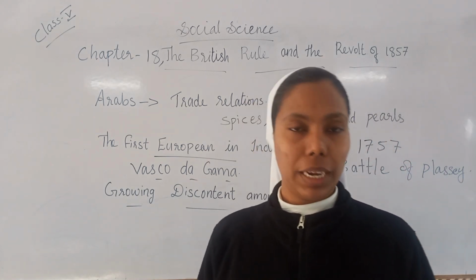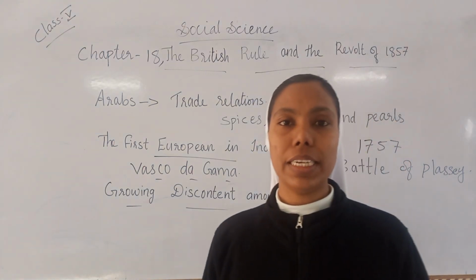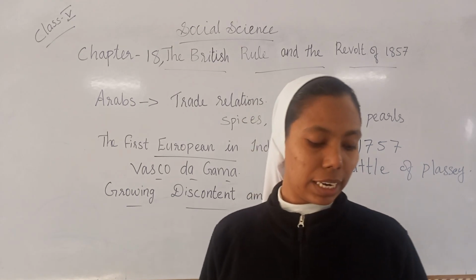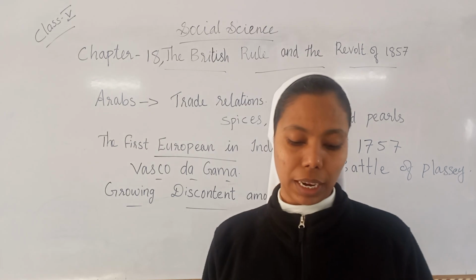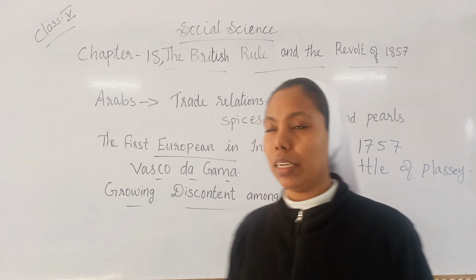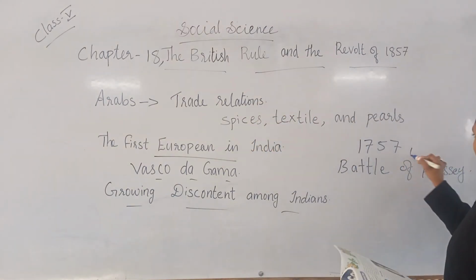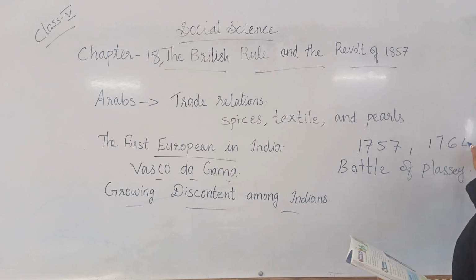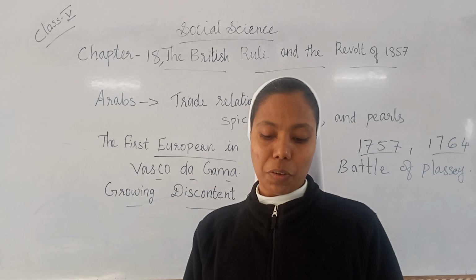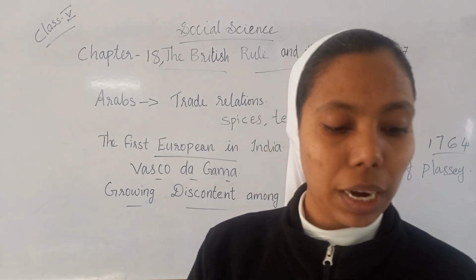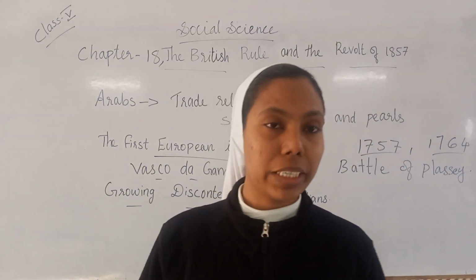In 1764 the East India Company started another war against the combined armies of the Nawab of Bengal, the Nawab of Oudh and the Mughal Emperor, and it is known as the Battle of Buxar.